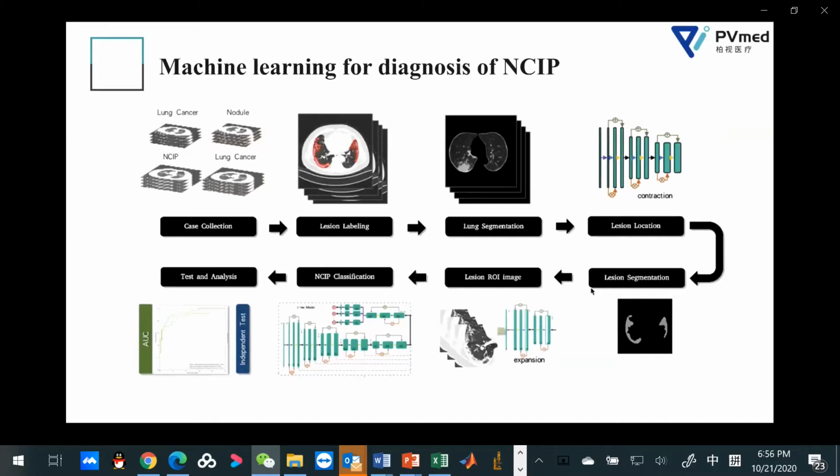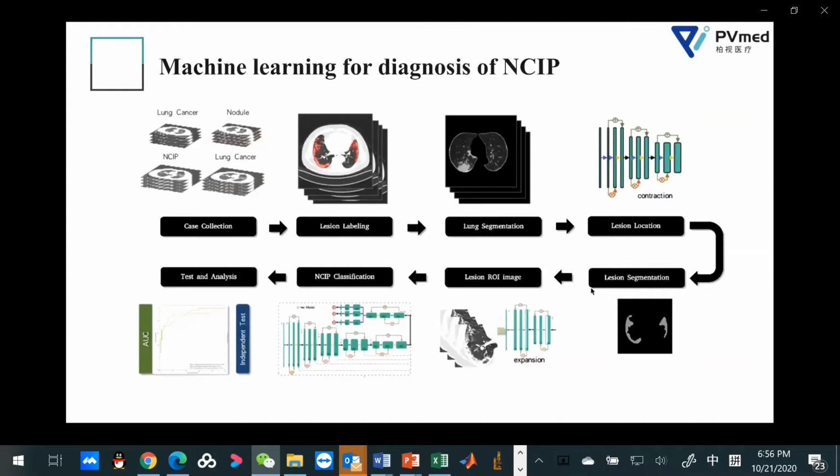Since labeling lesions for NCIP or similar cases at pixel level is time-consuming, the lesion location subnetwork is trained in 2 phases. In the first stage, we train the DCNN to distinguish the region of interest with the likelihood of NCIP into 2 classes, NCIP or otherwise.